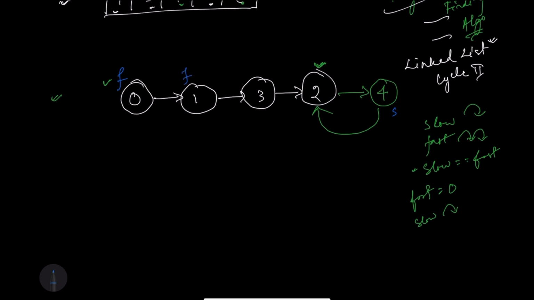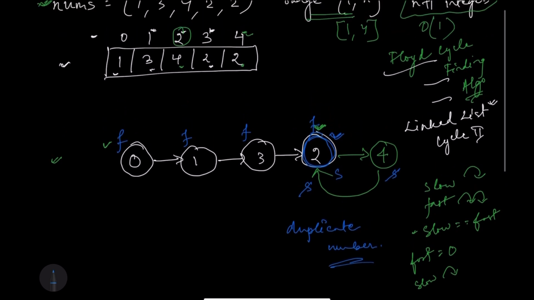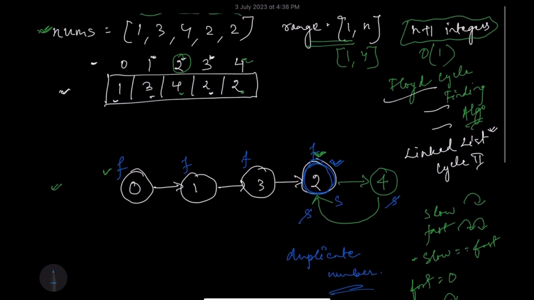So our fast will come here, our slow will come here, and again, and again. This is the position where they would meet, and this would be our duplicate number. So yeah, this would be the logic behind finding our duplicate number.